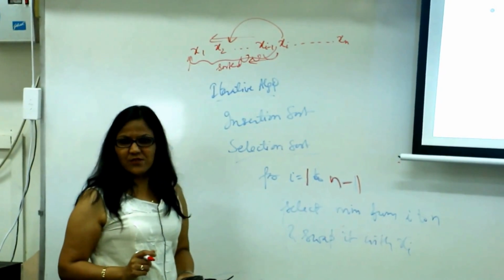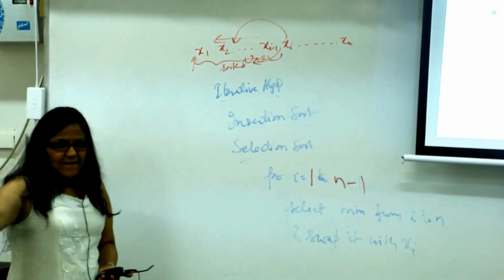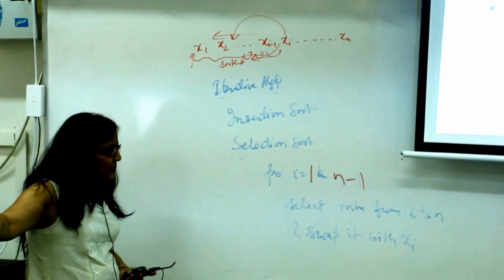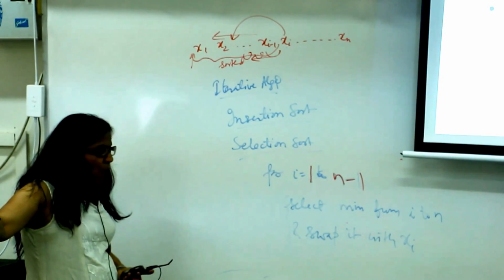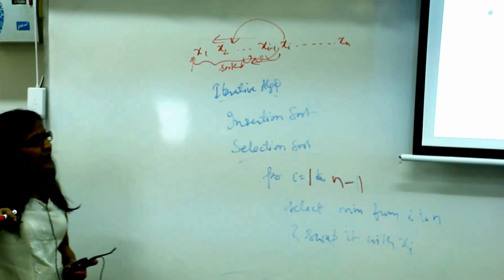This is what selection sort is. Now, how do you do this? I leave it here, and you know how to do the analysis.